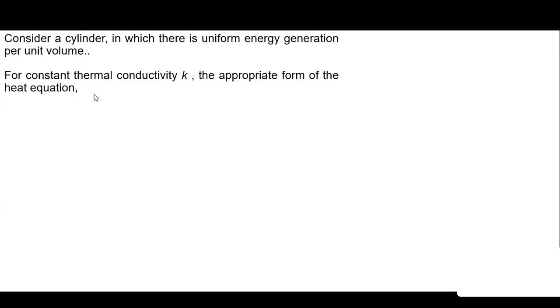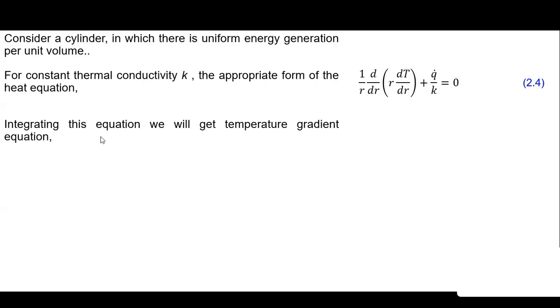The appropriate form of the heat equation would be 1 upon r d upon dr in bracket r dT upon dr. This was for radial direction heat transfer plus the heat generation term q dot upon k is equal to 0. So once again, to find the temperature gradient equation, we have to integrate this equation. We'll get dT upon dr is equal to minus q dot upon 2k into r plus C1 upon r, and that is our next equation.